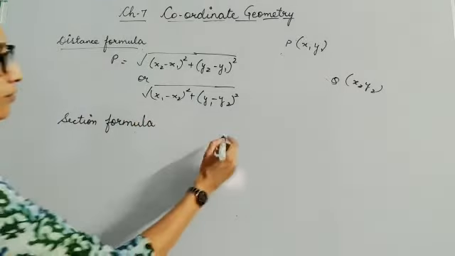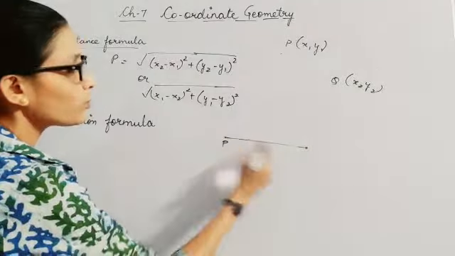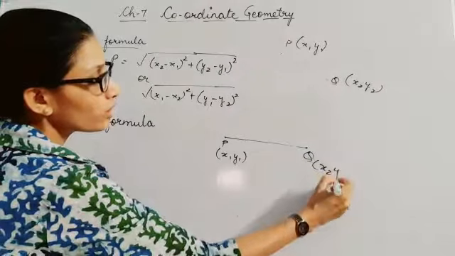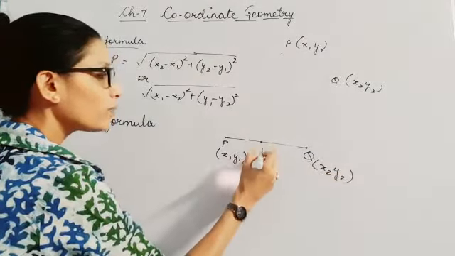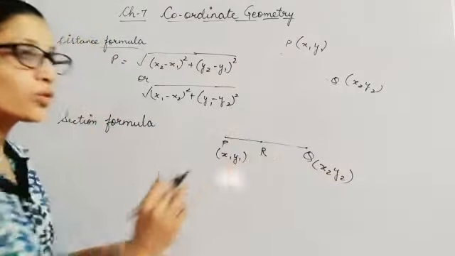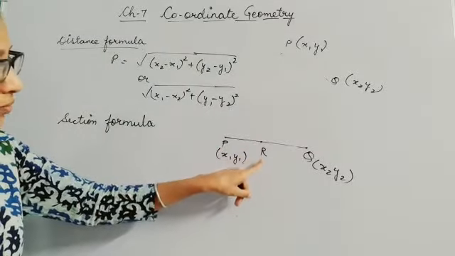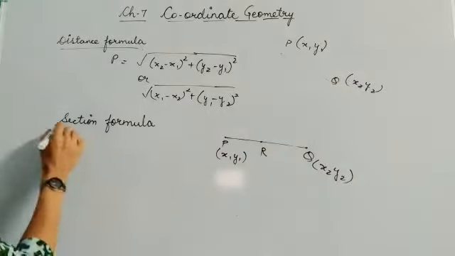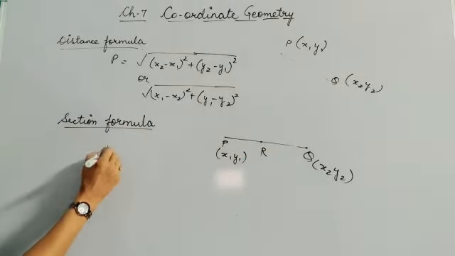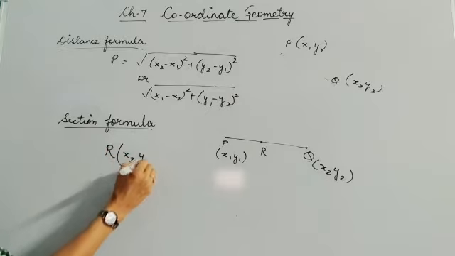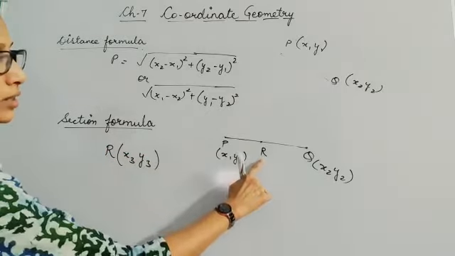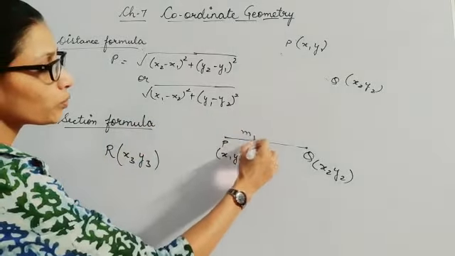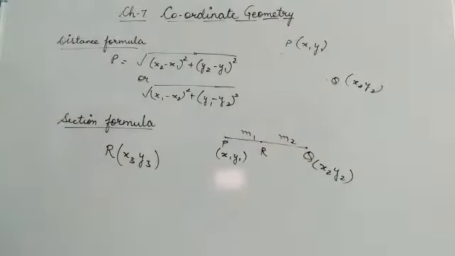That means if there are 2 points, let's suppose P and Q, whose coordinates are given to you, and if you want to find out the coordinate of a point which intersects line P and Q. So here section formula gives you the coordinate of the point which divides line PQ into 2 parts, and in the ratio, let's suppose it is in the ratio m1 is to m2.